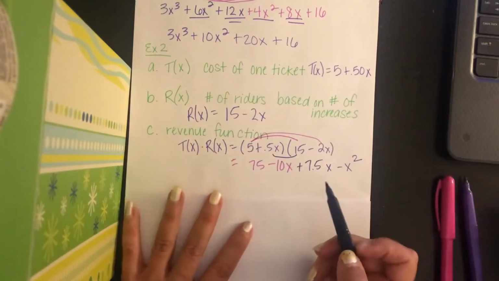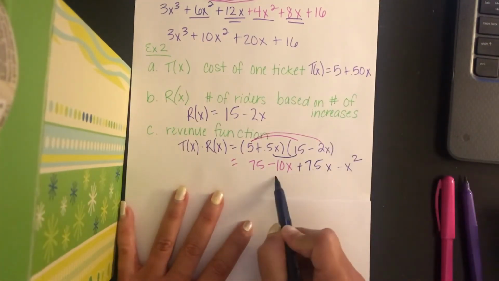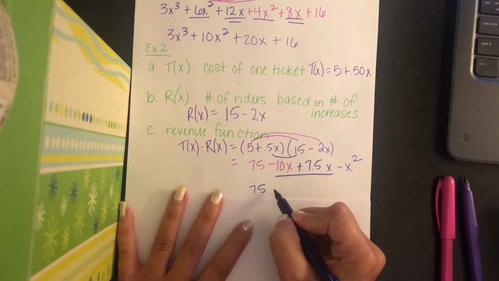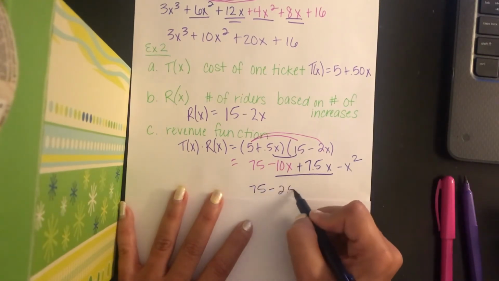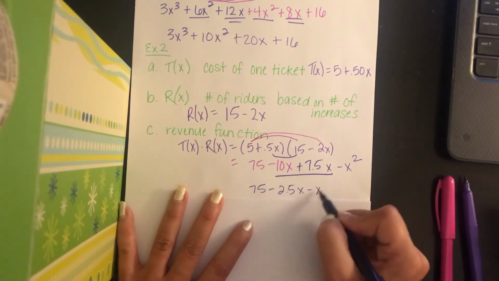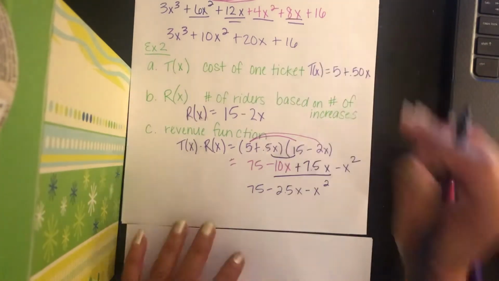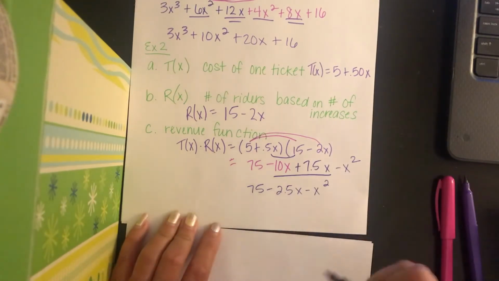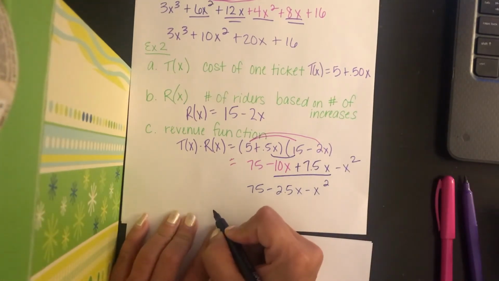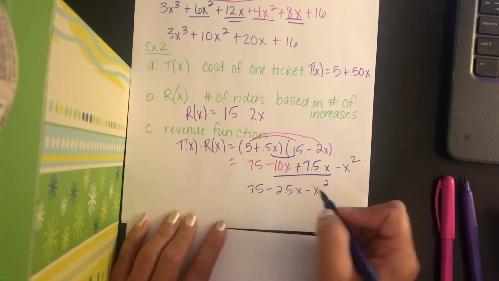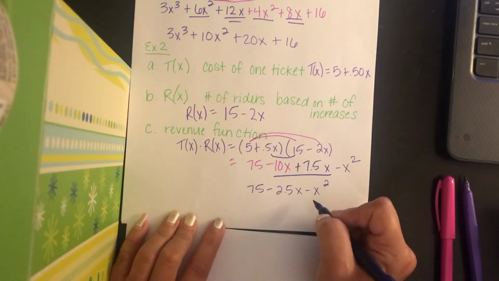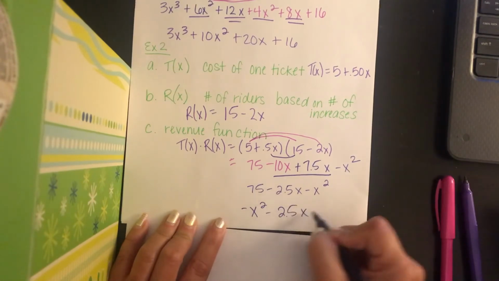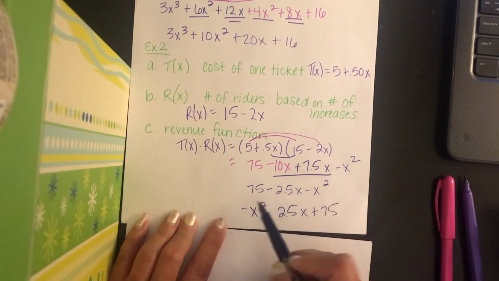So I can combine like terms. Okay, I don't typically write it in that function, I usually put it in descending order according to our variable. So we'll have negative x squared minus 2.5x plus 75, but either one would do.